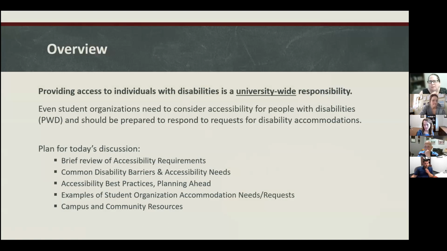So we're going to talk a little bit about accessibility requirements, what the common barriers are that we see and what the accessibility requests typically look like, best practices, how to plan ahead, how to think about it when you're planning as opposed to reacting. Talking about some of the common examples that we've worked with students here at A&M and organizations, and then the campus and community resources that you may need to be aware of.